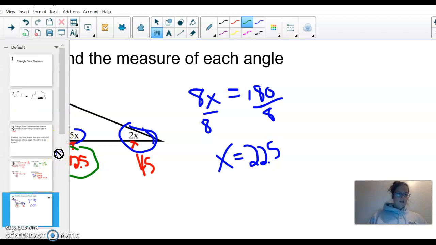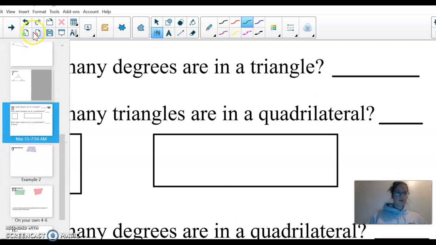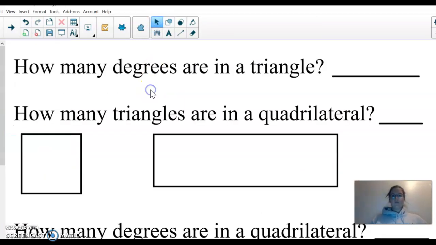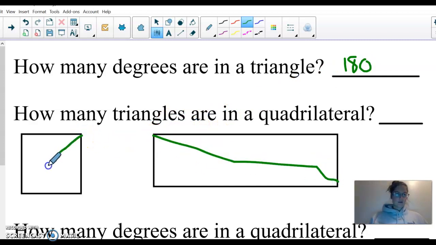And then the next part that we're going to move on to is quadrilaterals. Now, there are 3 angles in a triangle, and the triangle adds up to 180 degrees. How many triangles in a quadrilateral? Well, if I cut this in half, you can see there's 2 triangles.